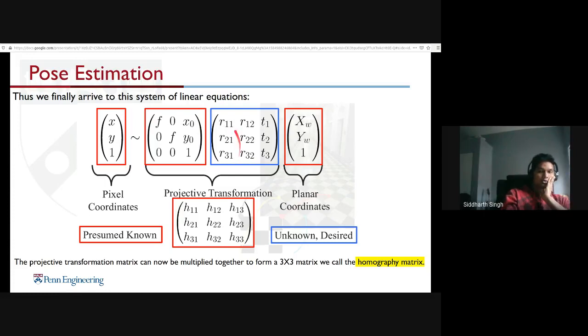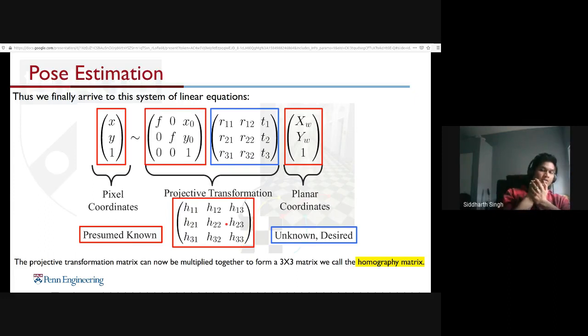Now these two matrices combine together to form what we call the homography matrix. Homography is not a term specific to just vision. It essentially means the transformation of some values from one frame to another frame.